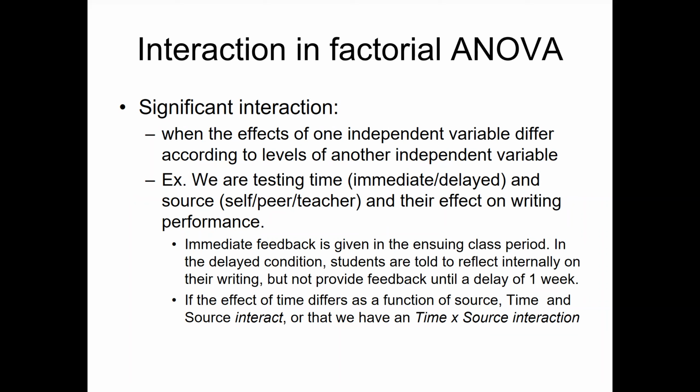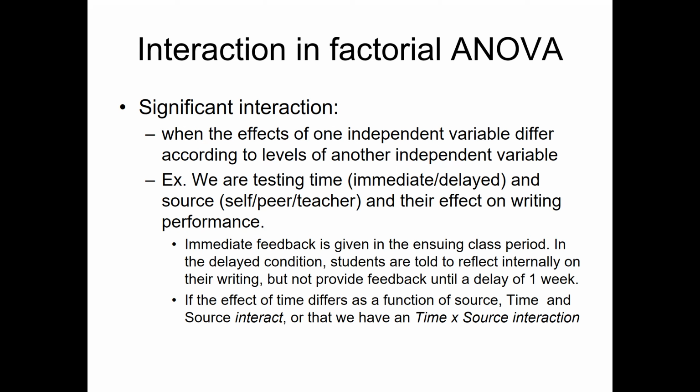Some of them are assigned to immediate self-feedback, which is immediately after the writing performance. They analyze their work in comparison to a rubric and make a plan for their next performance.